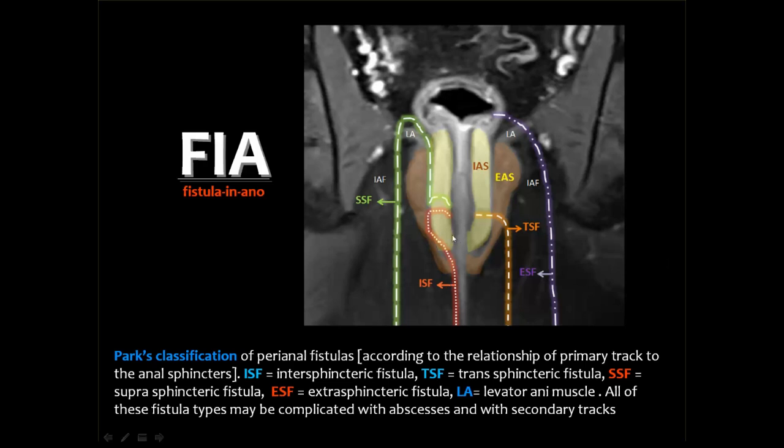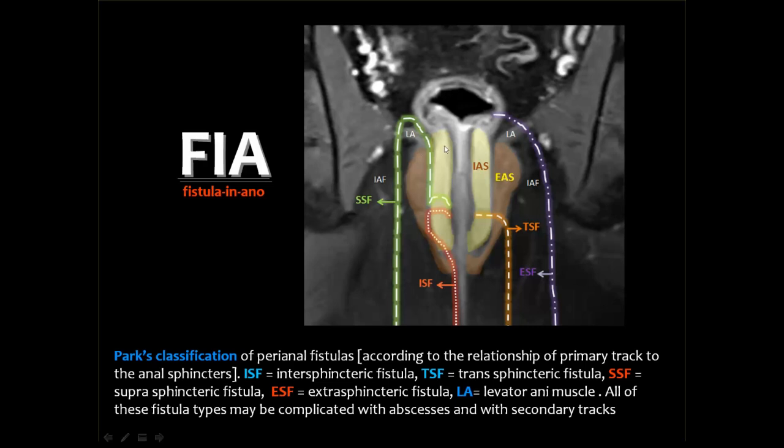And this is the intersphincteric fistula, which crosses the internal sphincter, passes between the internal and the external sphincter to the outside. Then the transsphincteric fistula is crossing the internal and the external sphincter into the ischioanal fossa to the outside. Then the suprasphincteric fistula crosses through the internal sphincter, then in the intersphincteric space until it reaches the puborectalis.